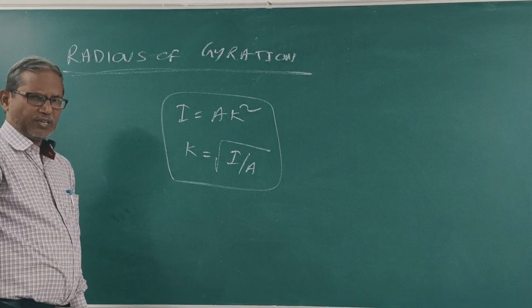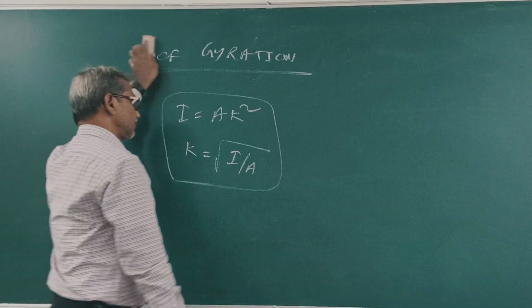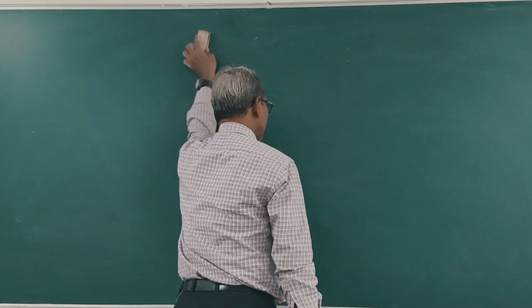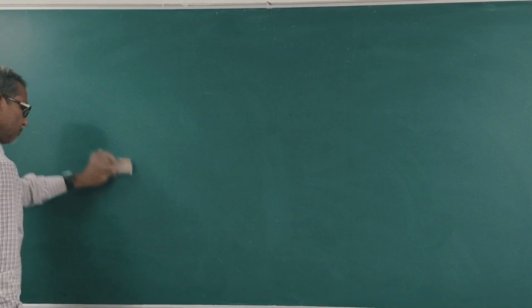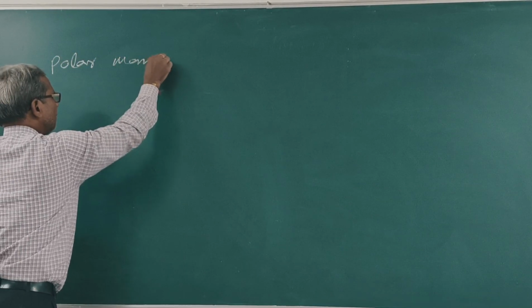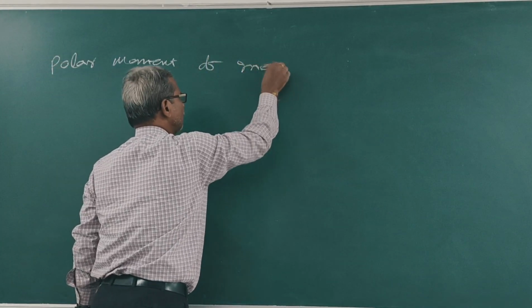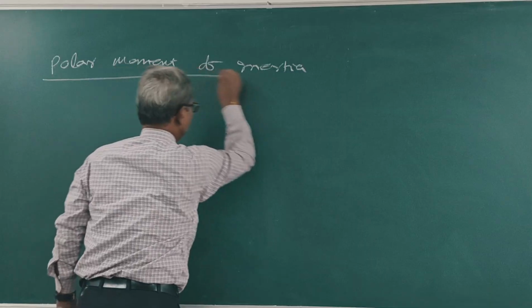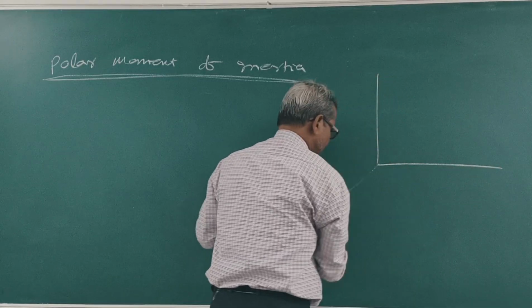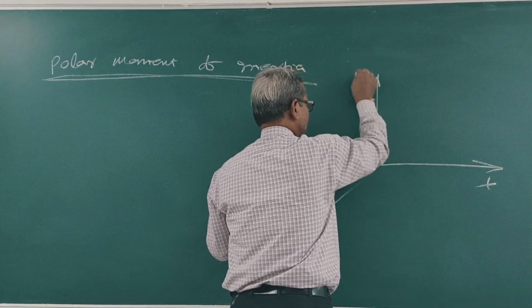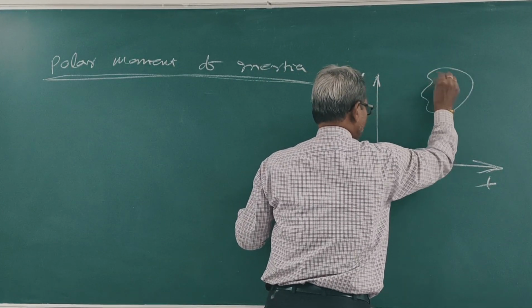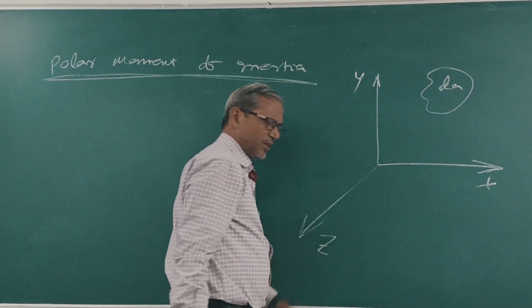Next, polar moment of inertia. Suppose this is the x-axis, y-axis, z-axis. Clear? Suppose we consider an area dA with coordinates x, y.